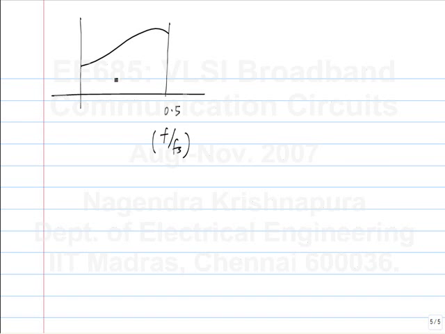Now if I change the rate, then the F by Fs will move to this and I will get the same shape but scaled to a different frequency. If I do a sampled data implementation, the response is a function of the normalized frequency F by Fs. So you can't tune it very easily. That can be a potential problem with continuous time FIR filter implementation.